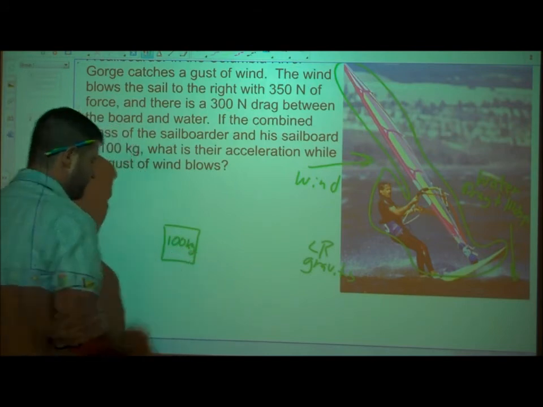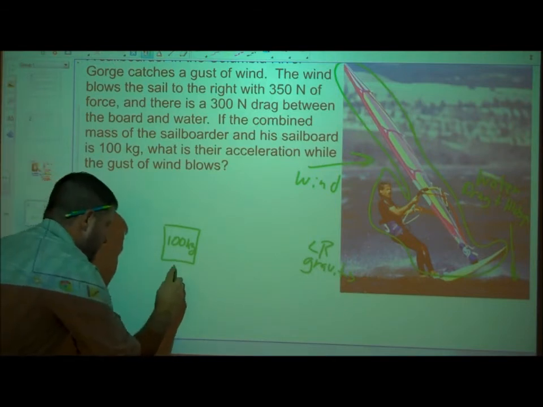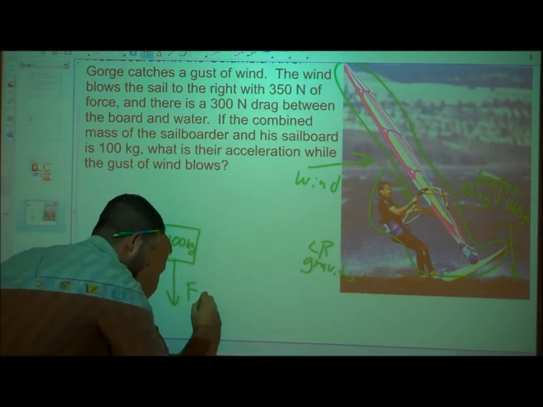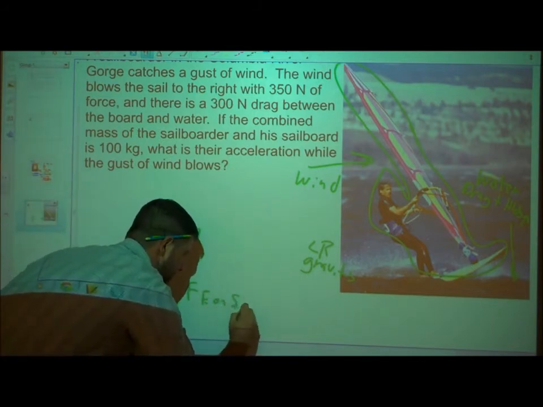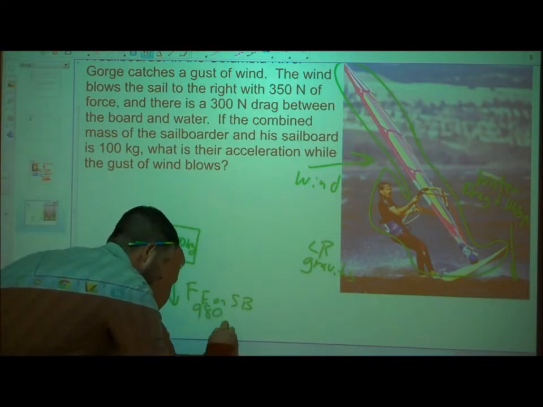100 kilograms is our mass. It says it right there. Now we know that we're going to have a downward force, and we'll label this one as force of earth on sailboarder. If we do the math real quick, the force of the earth on sailboarder is 100 times gravity, which is 9.8, so we get a value of 980 newtons.